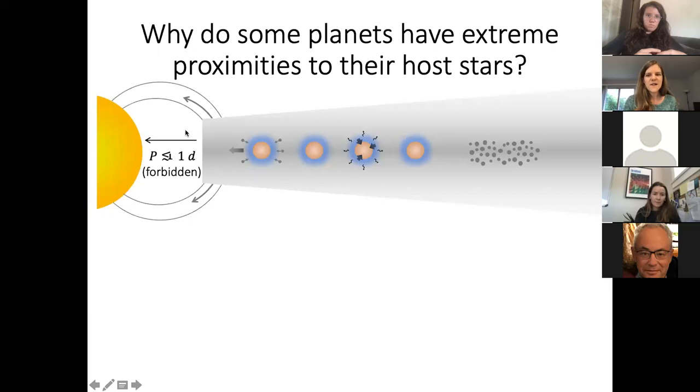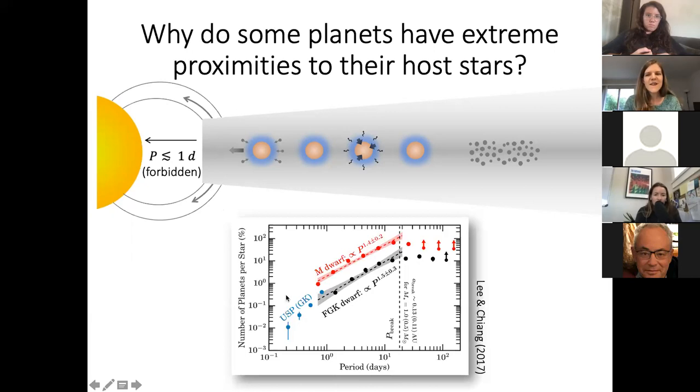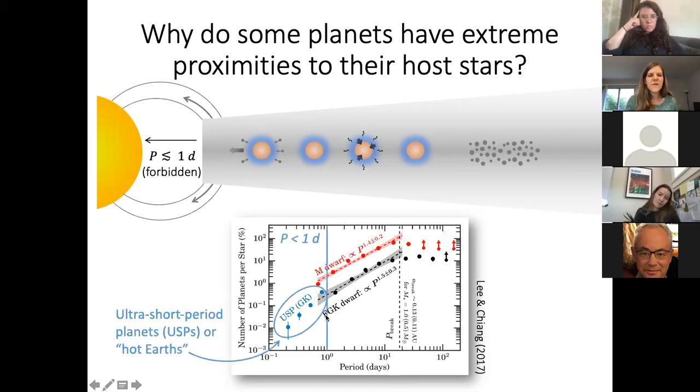And these inner edges are likely controlled by magnetic truncation, and they're roughly inside about a 1-day period. However, we do see planets inside of 1-day periods, as you can see in this occurrence rate versus period below. And this population inside of 1 day are called the ultra-short period planets, or sometimes the hot Earths.